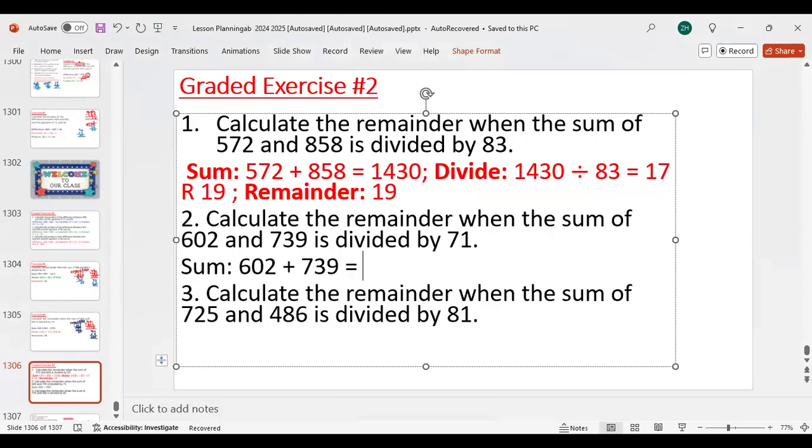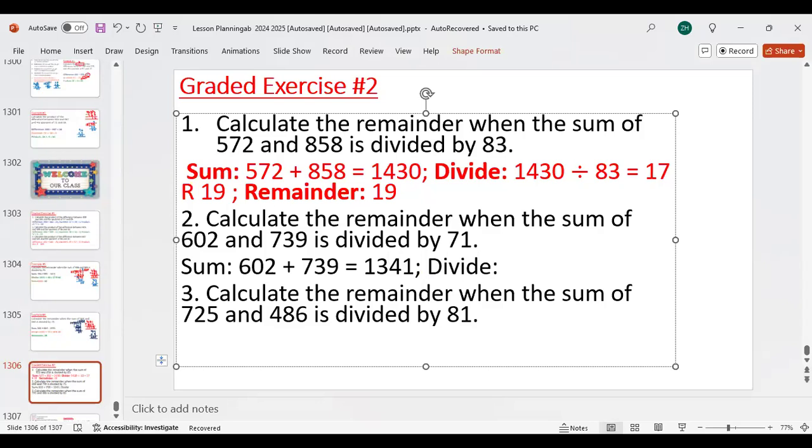Then 602 plus 486 equals 1,088, right? That's correct for 1,341.